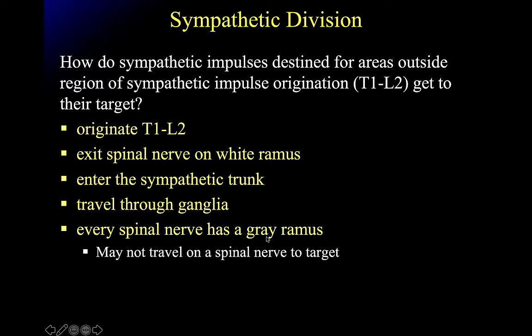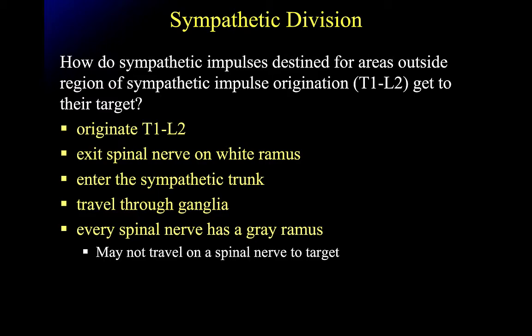Now, every spinal nerve has a gray ramus, so if we get to the cervical region, and let's say I need to send a signal to the axilla so that I can stimulate sweat glands in that region, I can hop onto one of those cervical spinal nerves that's part of the brachial plexus and carry that signal out that direction to initiate sweating from those sweat glands. Now, of course, if I'm going to go up to the eye, I'm actually going to go out through the top of those cervical ganglia and head directly to the eye rather than hopping on a gray ramus and then traveling out a spinal nerve.